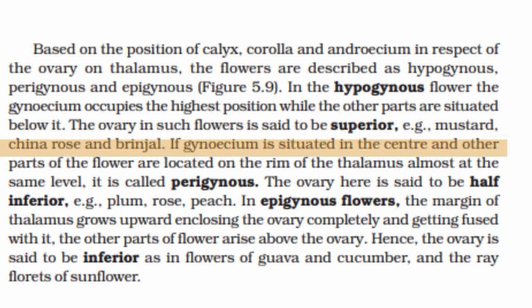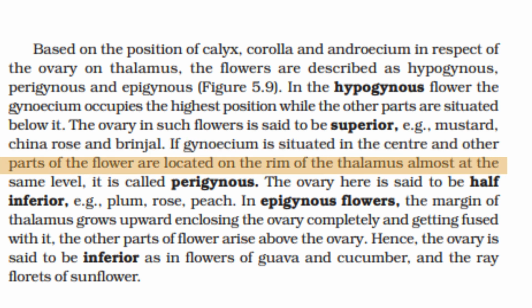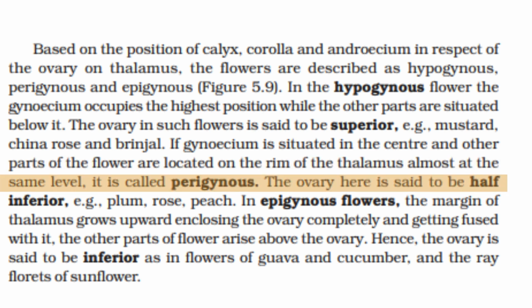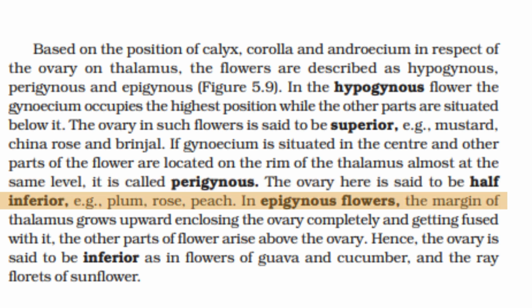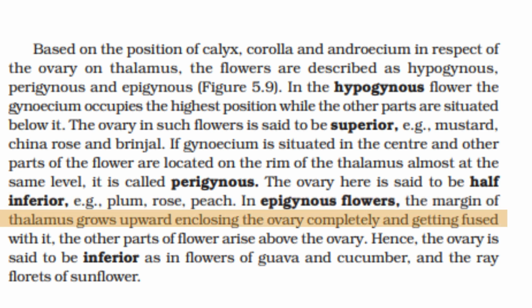If gynoecium is situated in the center and other parts of the flower are located on the rim of the thalamus, almost at the same level, it is called perigynous. The ovary here is said to be half inferior. Example: plum, rose, peach. In epigynous flowers, the margin of thalamus grows upward, enclosing the ovary completely and getting fused with it.